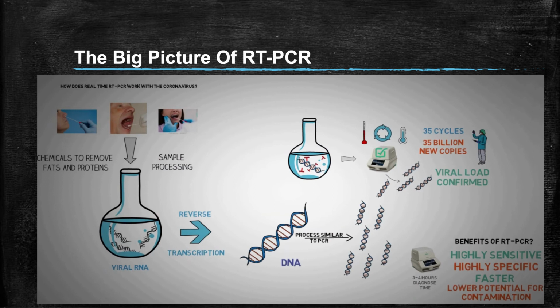The RNA is then reverse transcribed to DNA, a process similar to PCR. It is amplified, and specific short DNA is added to the sample. It attaches itself to a unique targeted position if the virus is present in the sample.